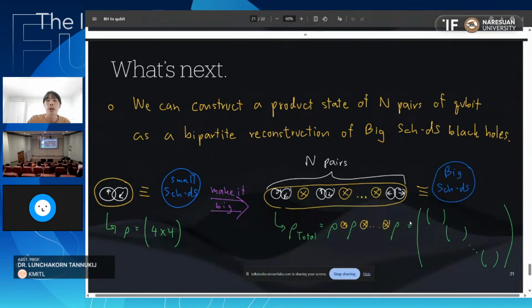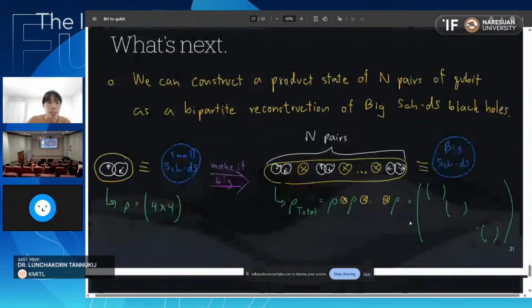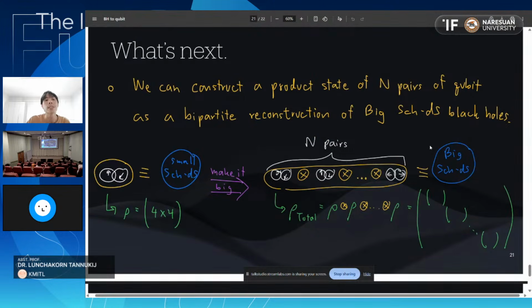Now, about the first one, about what we already did, we can use the 2-qubit density matrix and try to enlarge our reconstruction to n pairs of qubits. The way we did it is that we take the 4x4 density matrix, which represents the 2-qubit state, and then do a straightforward tensor product.